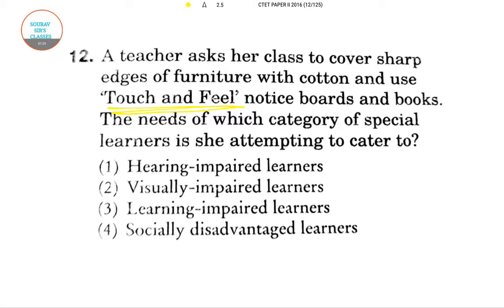So from this we can say that option 2, that is students with visual impairment, and they need a range of accommodation that may include visual, tactile and auditory accommodation.